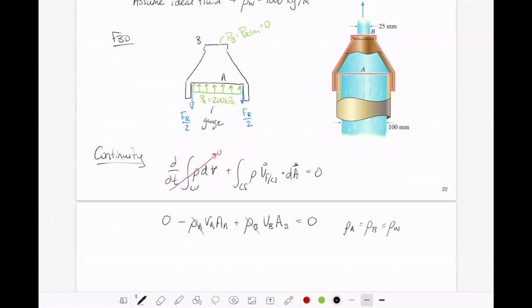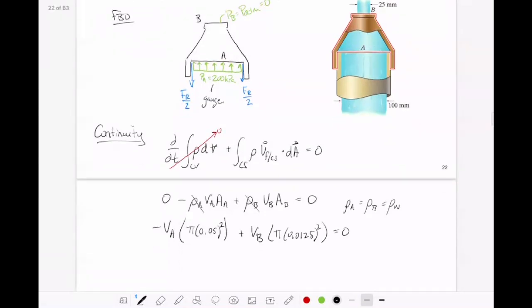So then if we rearrange this, we have negative VA times the area at A. Our diameter is 100 millimeters, so we have pi times 0.05 squared, plus VB times pi times 0.0125 squared, is equal to 0.